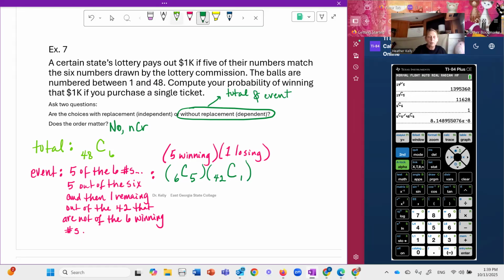Let me put a little note here: of the 42 non-winner numbers, we chose 1.